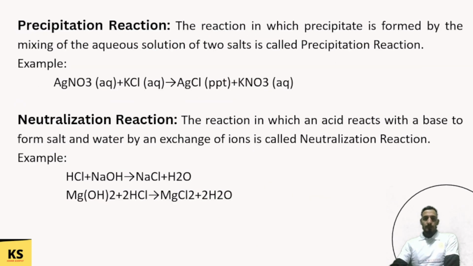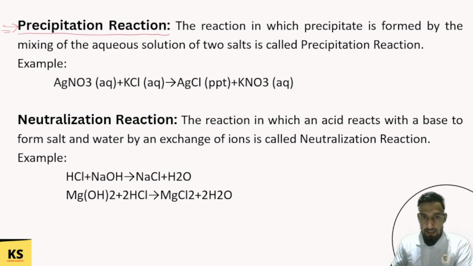Now coming to the fourth type of reactions, that is precipitation reaction. As I already told you, a precipitate is a solid substance that settles down in the beaker or in anything in which we are making the reaction happen.